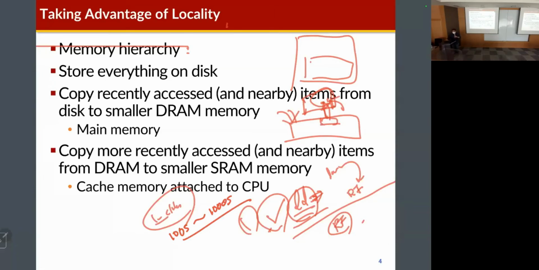Which means that when the load instruction is executed, and the data is found in the main memory, the next instruction needs to wait 100 cycles or even 1,000 cycles. The processor does nothing because the next instruction cannot be executed because of data dependencies, right? That's the problem.